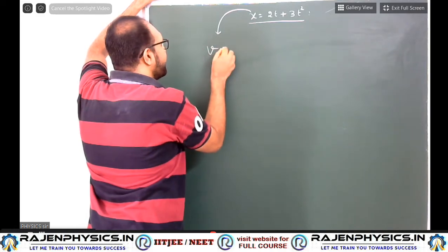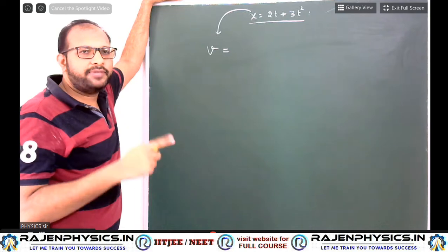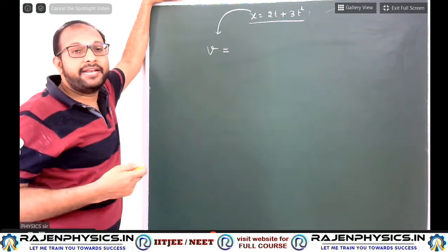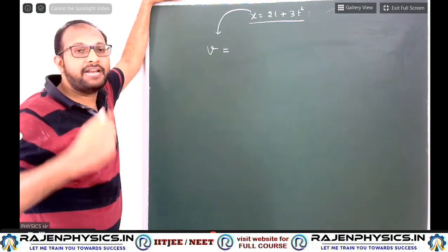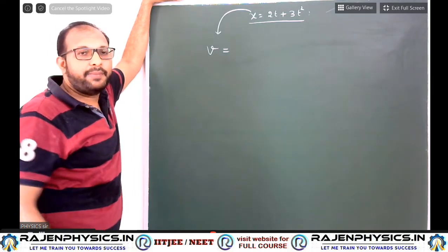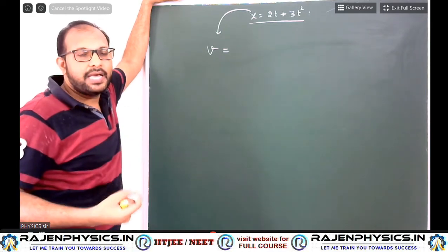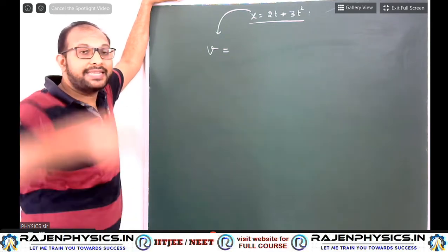Instantaneous velocity is nothing but the derivative of the position. The time derivative of the position of a particle will provide the instantaneous velocity. That means how fast the position of a body is changing. That represents velocity at that particular instant.